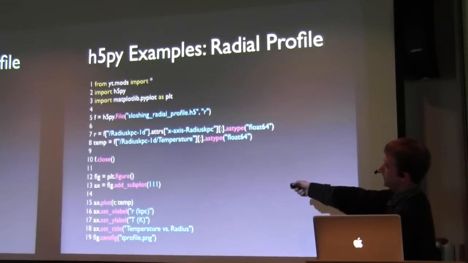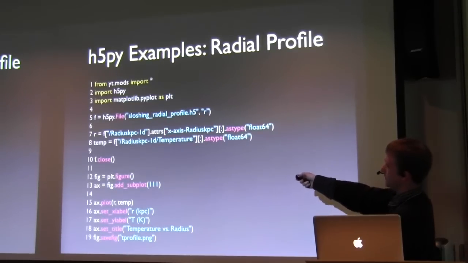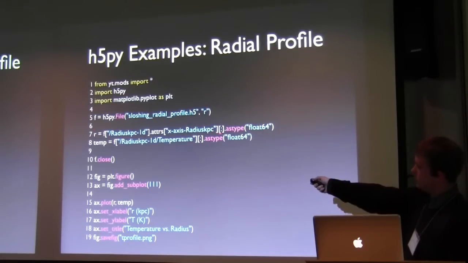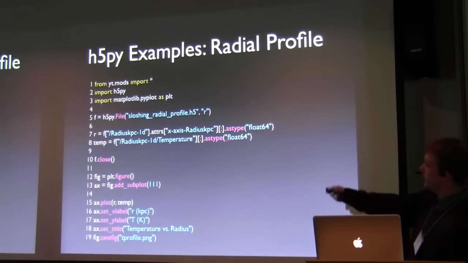So in this case, the radius is in the attributes, so you have .attrs x-axis radius kiloparsec. This is going to be a one-dimensional array, so we append this array notation here, which just means we're grabbing all of it, the whole slice of the array.